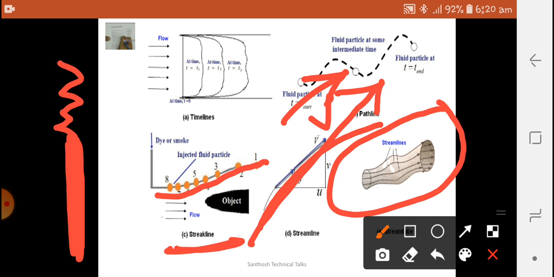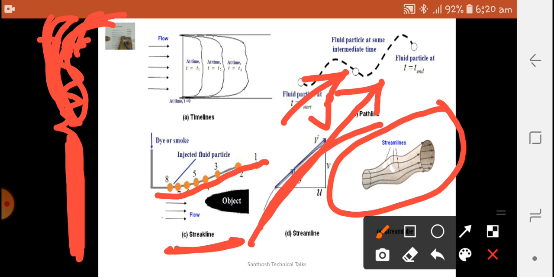After that, small disturbances happen and it continuously disperses.